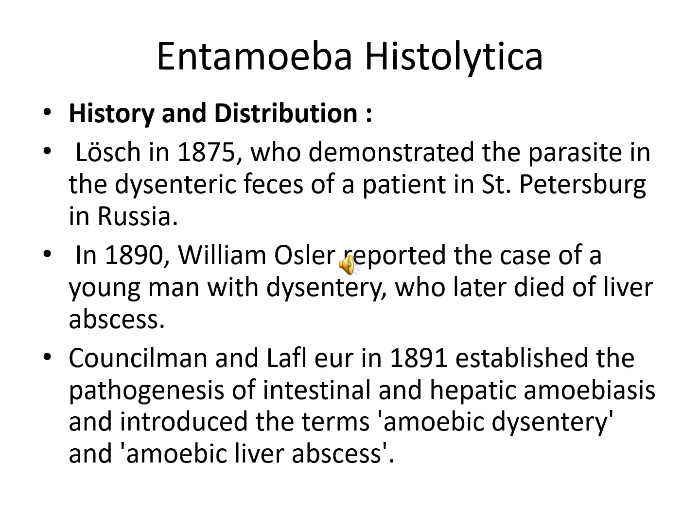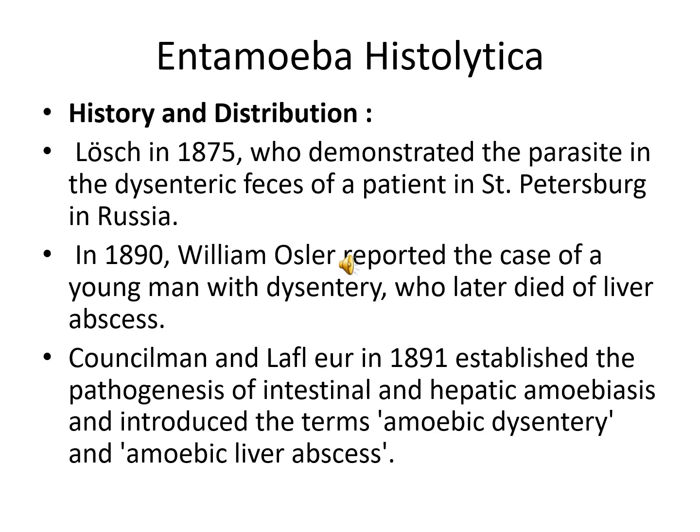Moving to the history, Losch in 1875 demonstrated the parasite in the dysenteric feces of a patient in Russia, and William Osler in 1890 reported the amoeba in the dysenteric feces of a young man who later died with liver abscess.